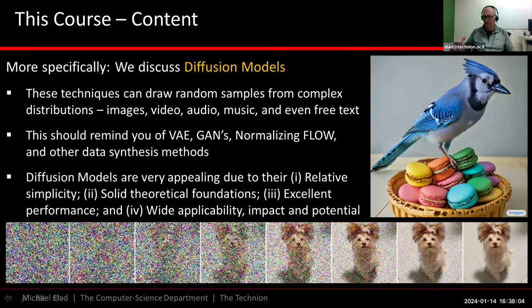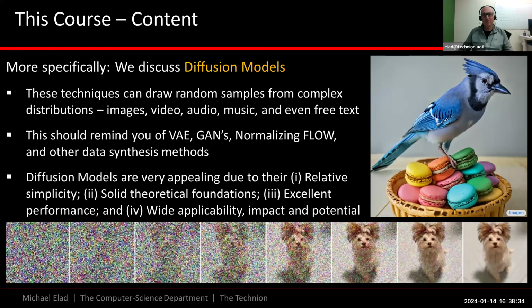Diffusion models, and I'll mention this again and again during the course, have several interesting benefits. I'm writing here relative simplicity. Yes, it is simple, at least the core of it, but as you will see, the simplicity is not that clear. Let's put this aside. Solid theoretical foundations, definitely. You know, for those of you who are practicing and knowing things in deep learning, much of what we do in deep learning is technical, intuitive-based, empirical.